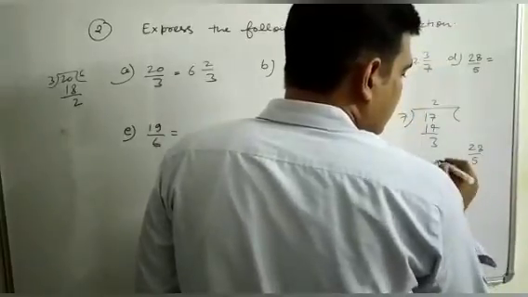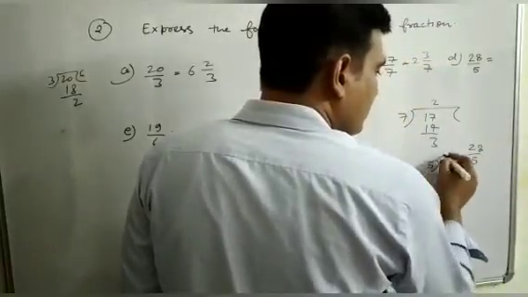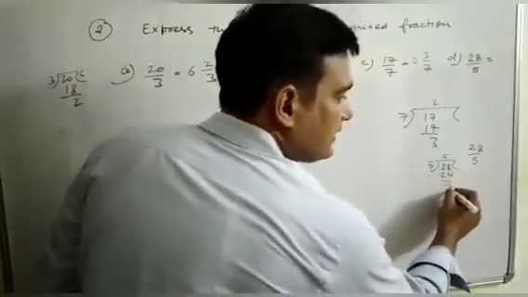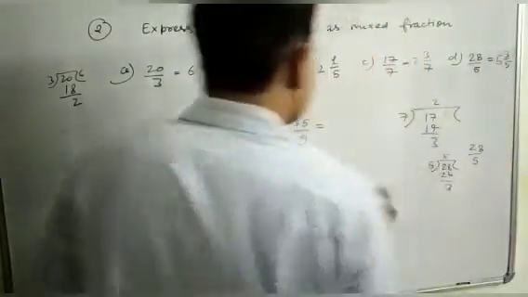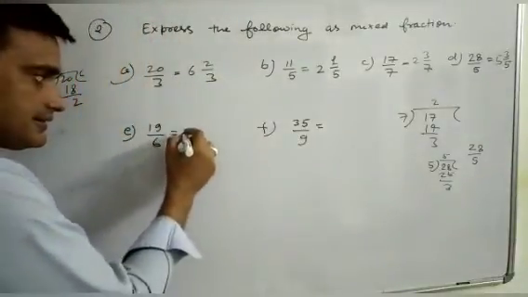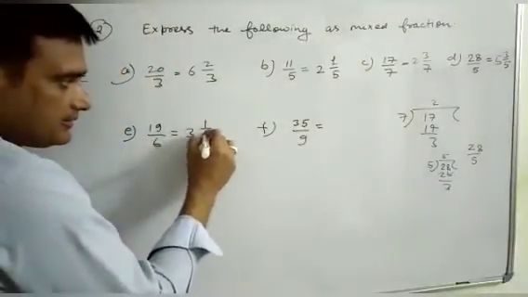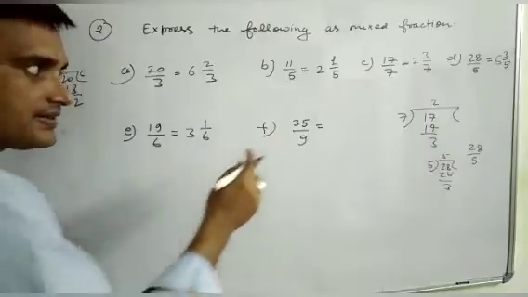Okay. First we divide 28 by 5. 5 fives are 25, so 5 whole number 3 upon 5. 19 upon 6: 6 threes are 18 and 1, so 3 whole number 1 upon 6.